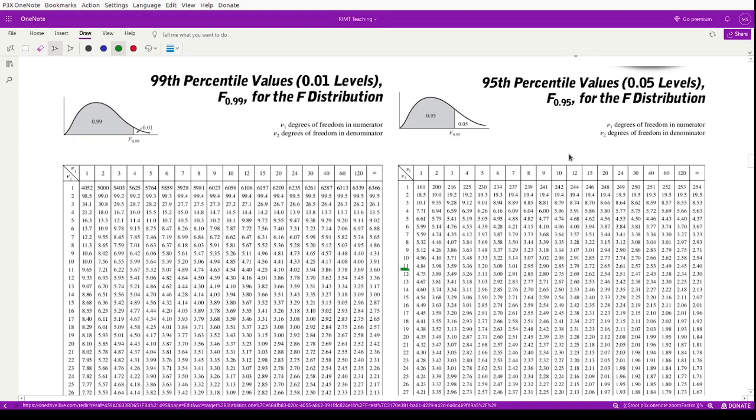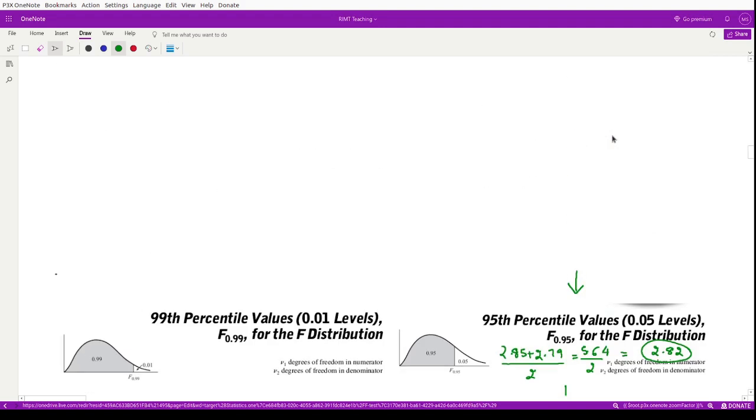We will check for 11. 11 is somewhere between 10 and 12, and no explicit value is given to us. So we will take the average of these two values: 2.85 plus 2.79 divided by 2. That is 5.64 divided by 2, so that would be 2.82. So your tabulated value would be 2.82.